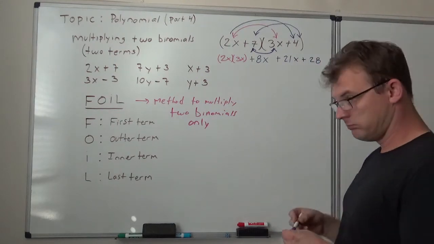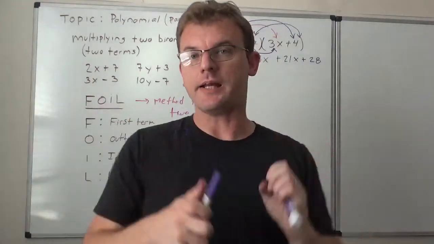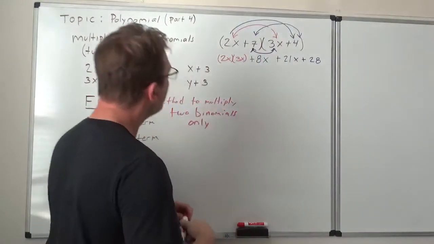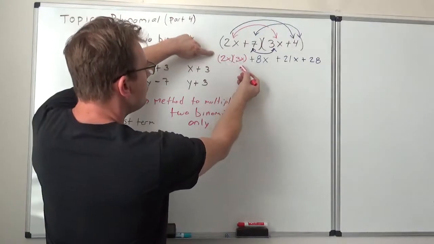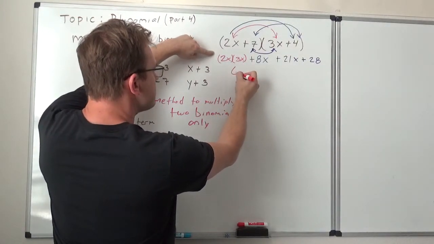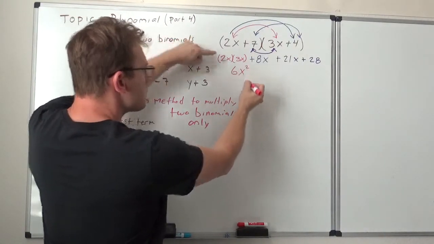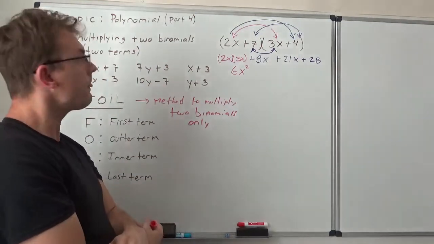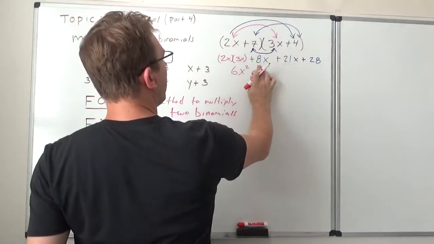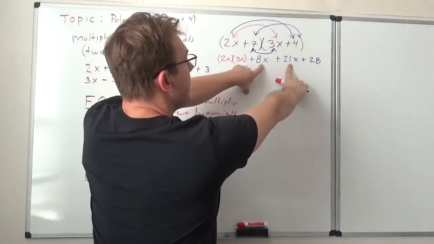So now, just combine. You should have 2 times 3 is 6x squared. Can I combine 8x and 21x?